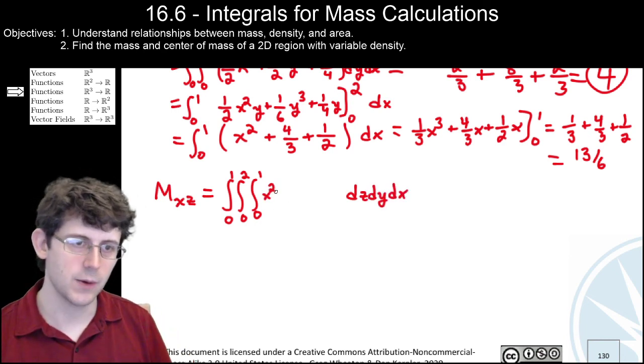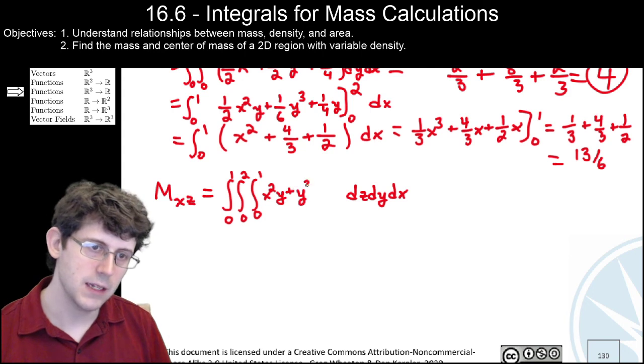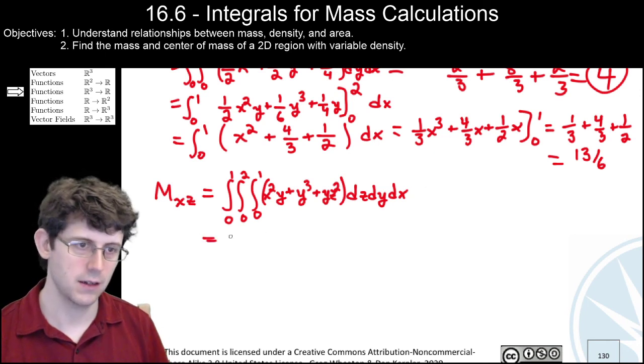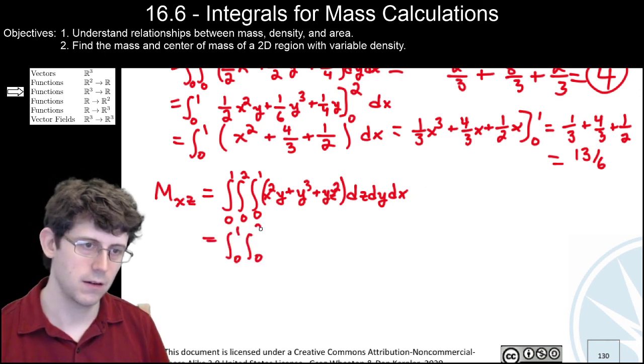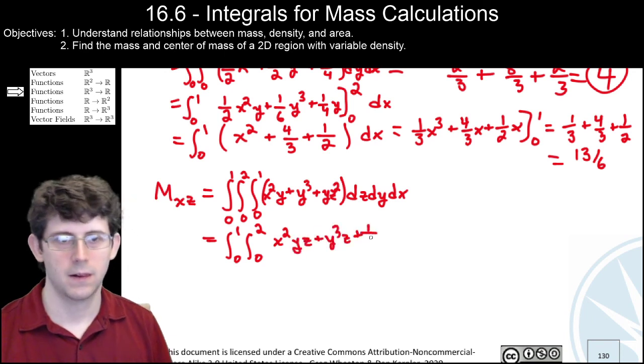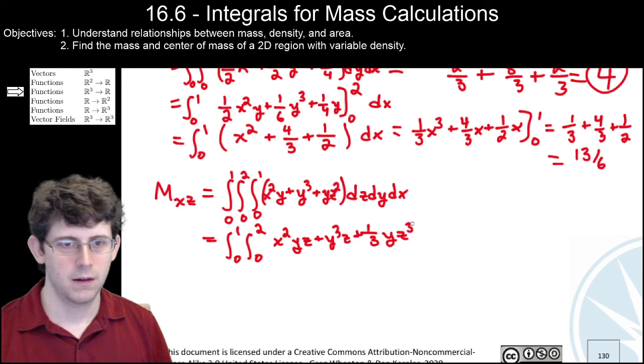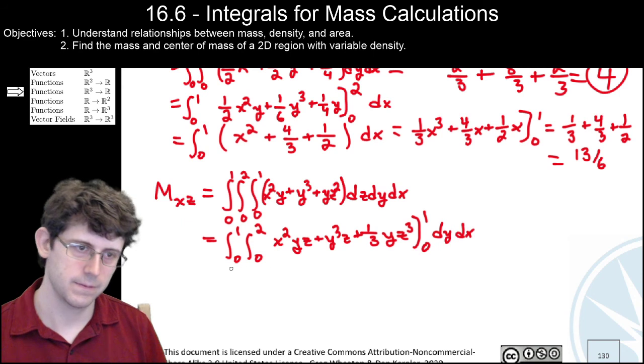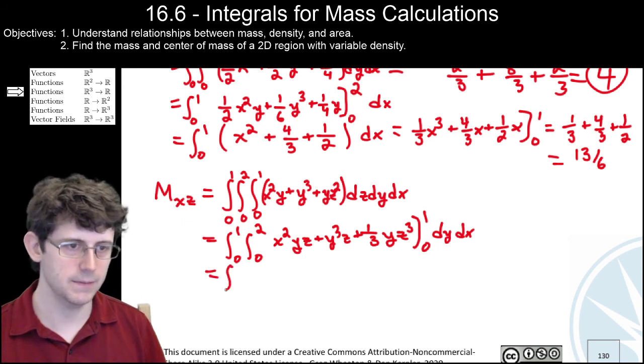So I'll have x squared y cubed, and y z squared. Do the z integral first. Z goes from 0 to 1. Plug it in.